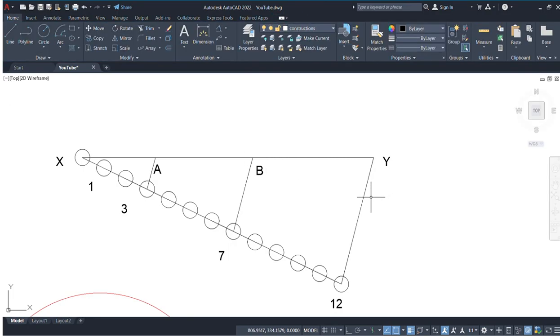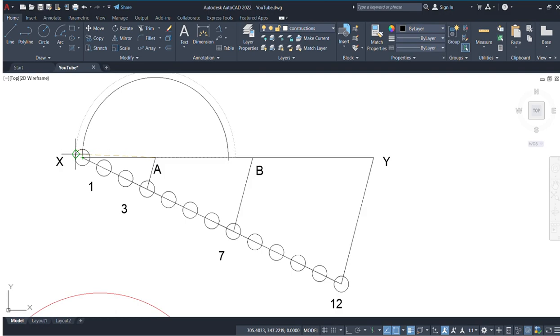Now the next step, draw with center A, this is your center A, and radius AX. Draw an arc.